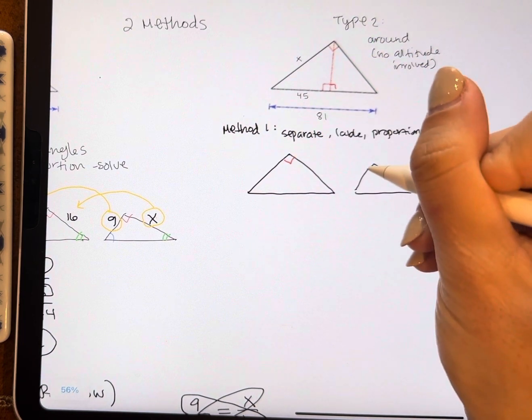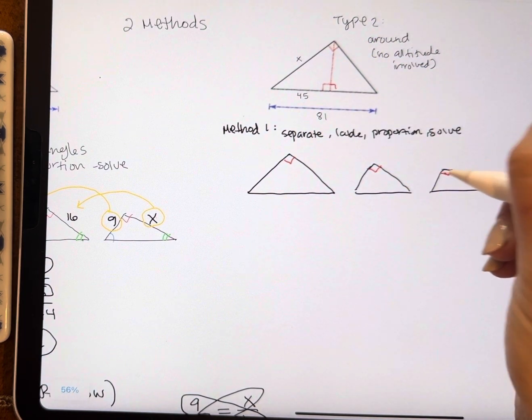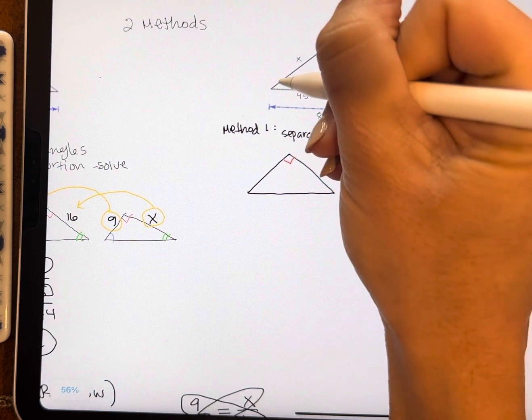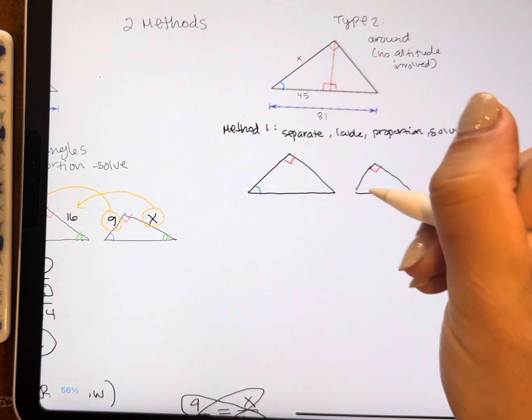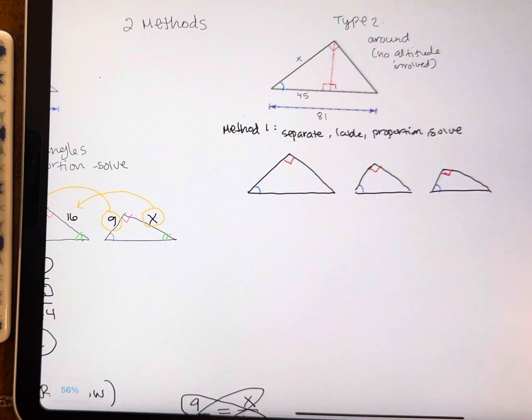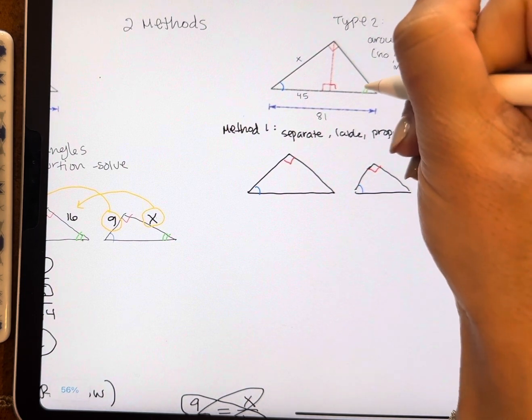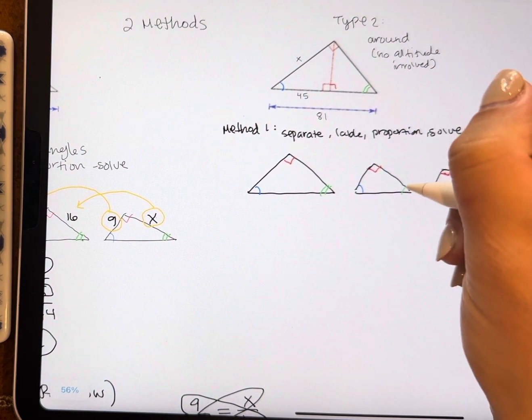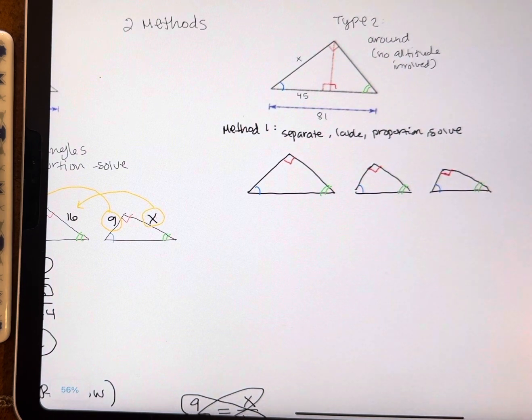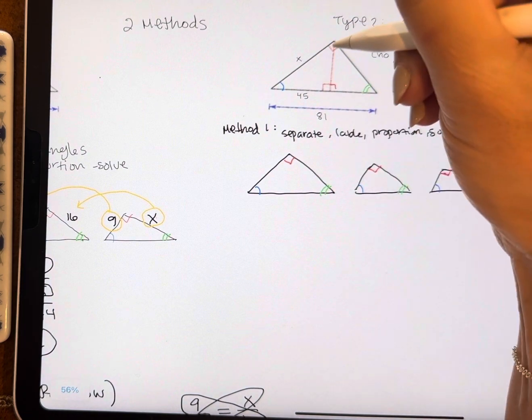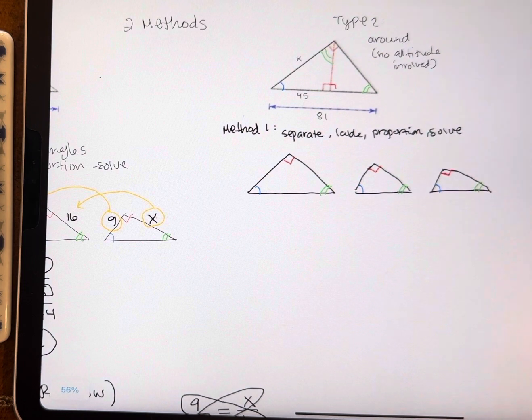Here's the right angle. And then let's go with, this is the blue angle here. This is the green angle here. And then everyone here needs a blue and a green, so there must be a green there, and there must be a blue there. And now let's go label.